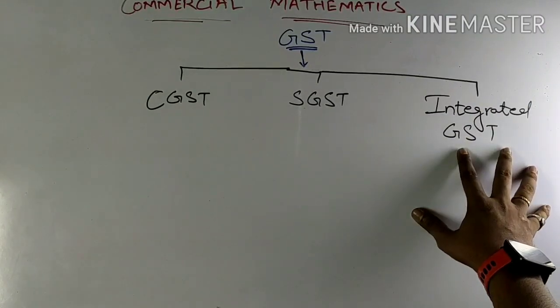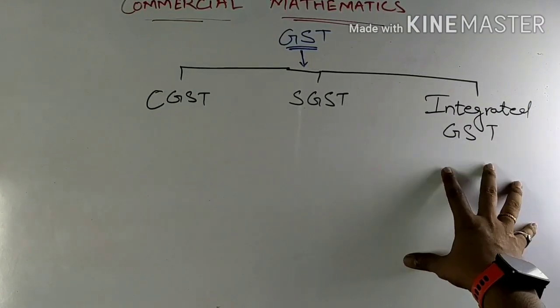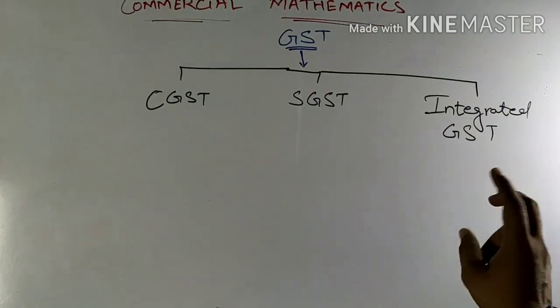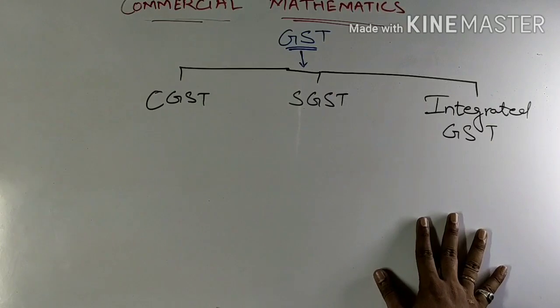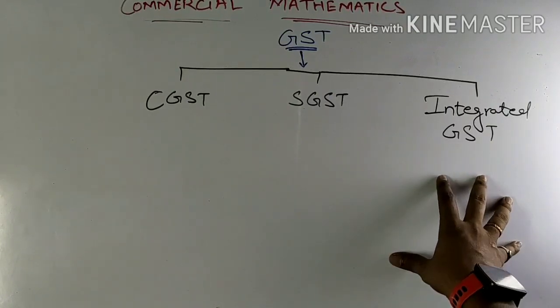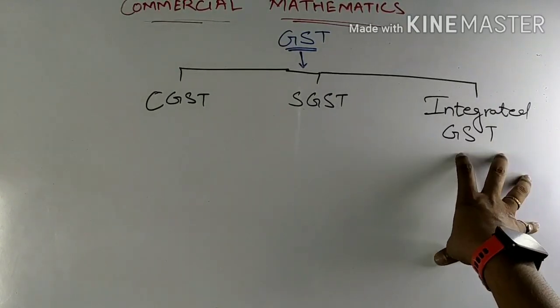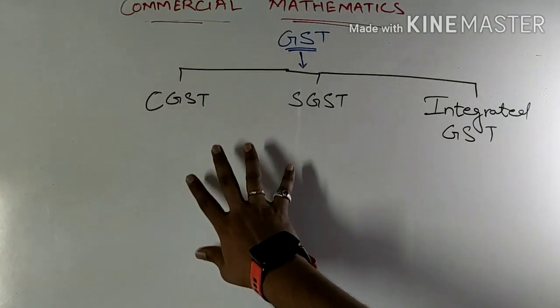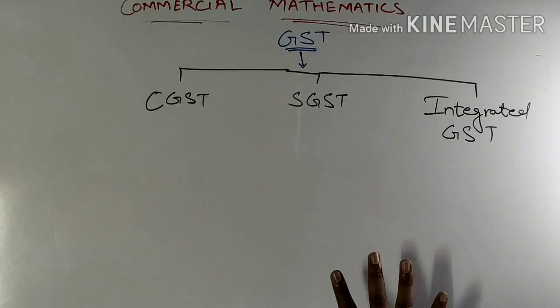And integrated GST is involved when the service or goods transaction is between two different states, or we may call it interstate. So whenever interstate services are provided, integrated GST is required, but right now we'll deal with CGST and SGST.